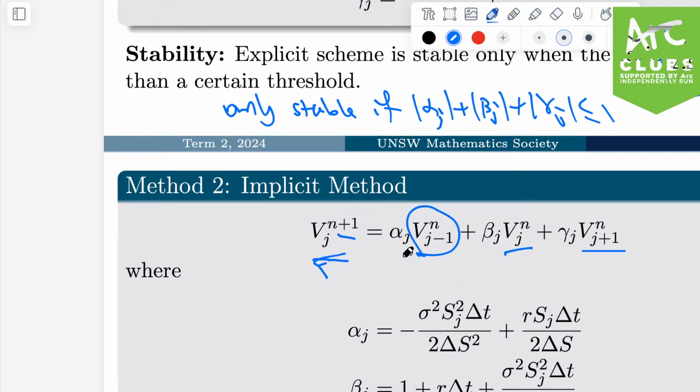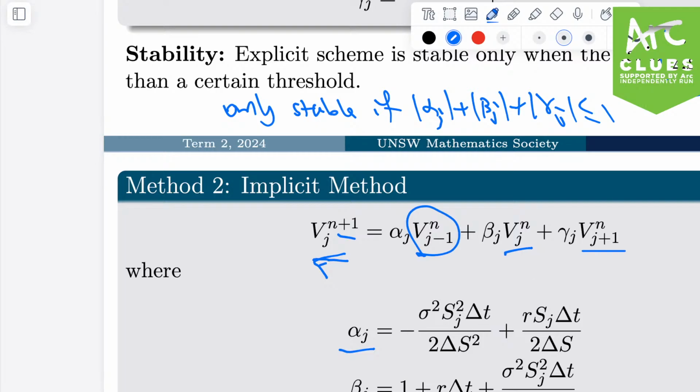Again, this is the expression for alpha j, beta j, and gamma j. So at each time step, we have to solve a linear system, where A is a coefficient matrix. It is tridiagonal, because it depends on j minus 1, j, and j plus 1.